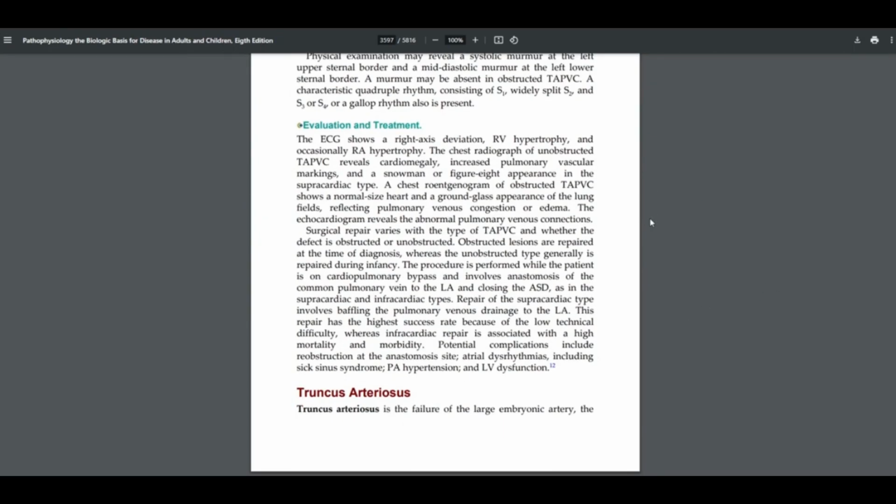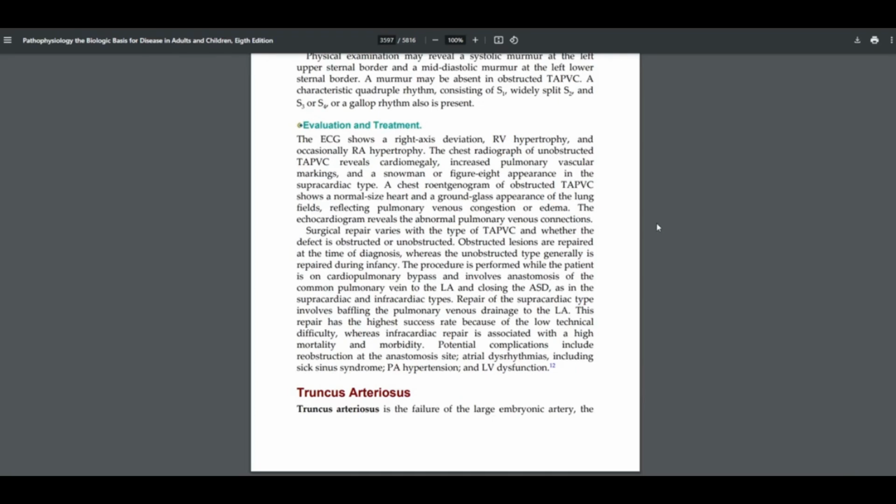We evaluate and treat via an EKG that shows a right axis deviation, right ventricular hypertrophy, and occasional right atrial hypertrophy. The chest radiograph of unobstructed TAPVC reveals cardiomegaly, increased pulmonary vascular markings, and a snowman or figure 8 appearance in the supracardiac type.